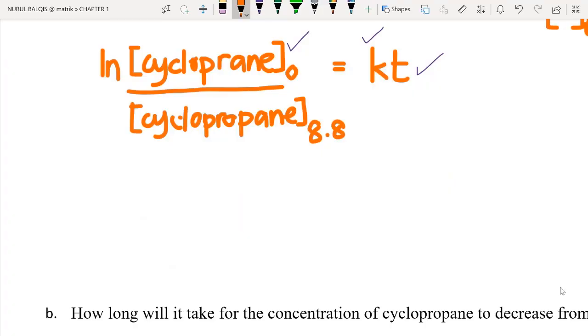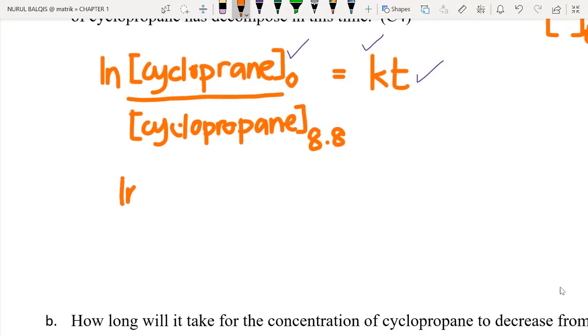Simply substitute the value where ln concentrations of initial cyclopropane is 0.25.